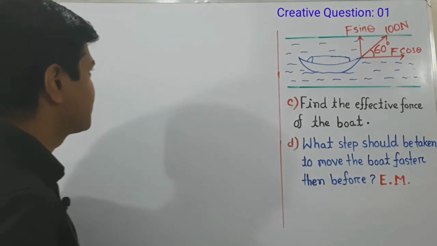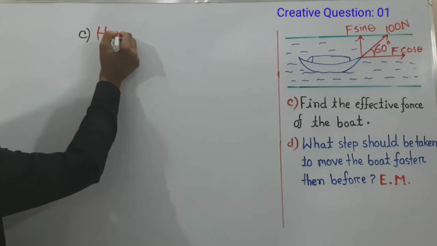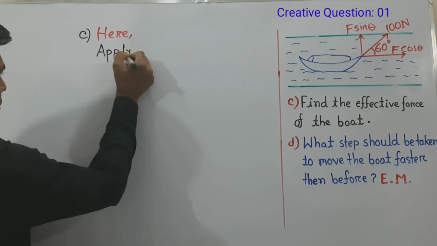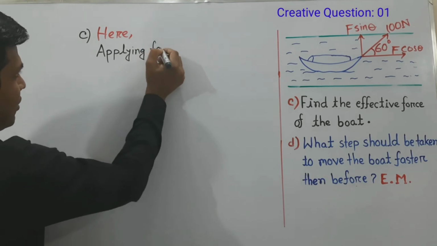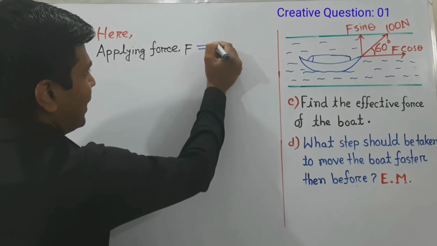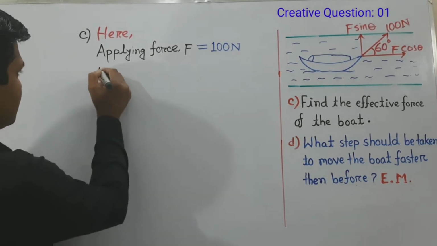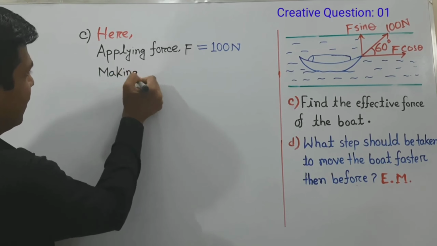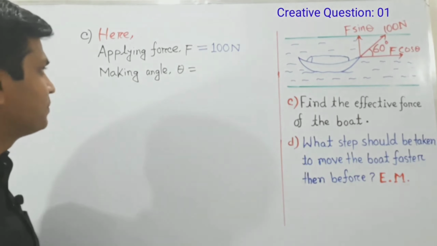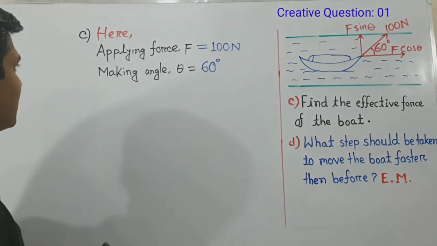Let's see the given information first. Here, the applying force capital F is given as 100 Newton, and the making angle theta is given as 60 degree. We have to calculate the effective force.